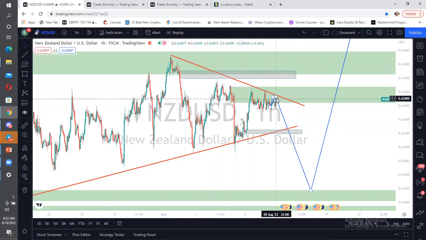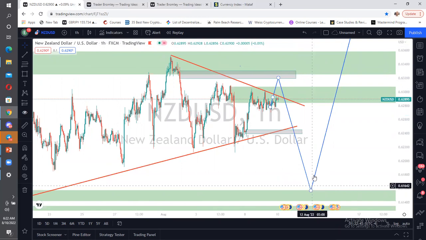I will think of taking a trade if I see something like this to the upside. Then I'll take it to the downside here to take away this liquidity, or it comes down to the downside here. All right, I'll take my trade to the upside. So this is what I'm expecting from this particular pair before I get into this trade.